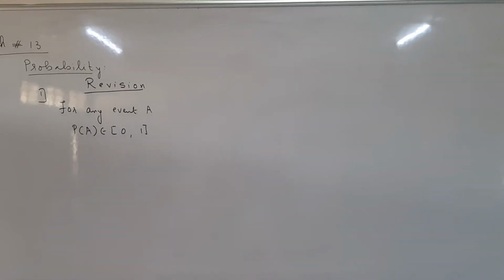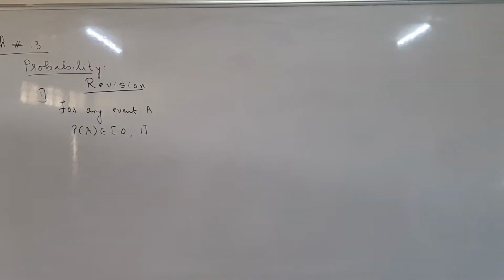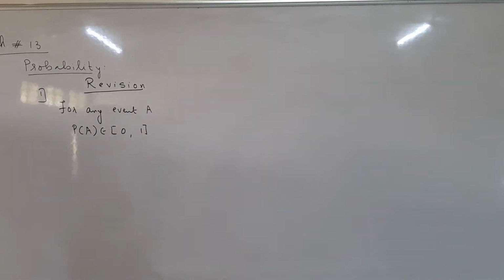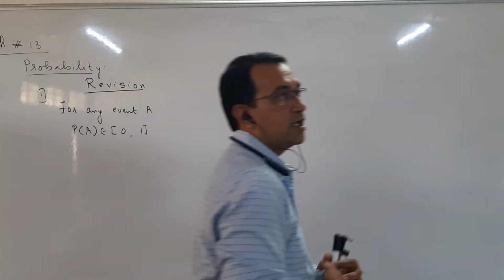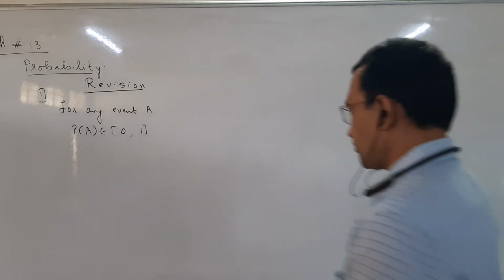All of you know this, students, that for any event A, the probability of event A denoted by P of A belongs to closed interval 0, 1. Minimum probability is 0, students, and maximum probability is 1.